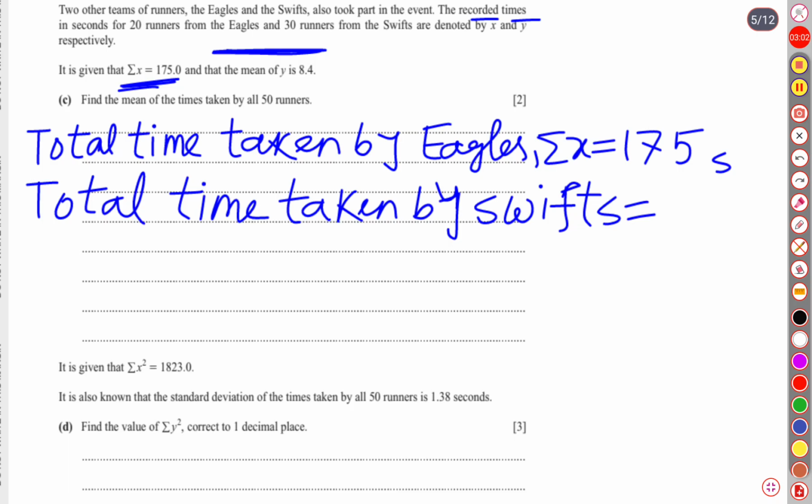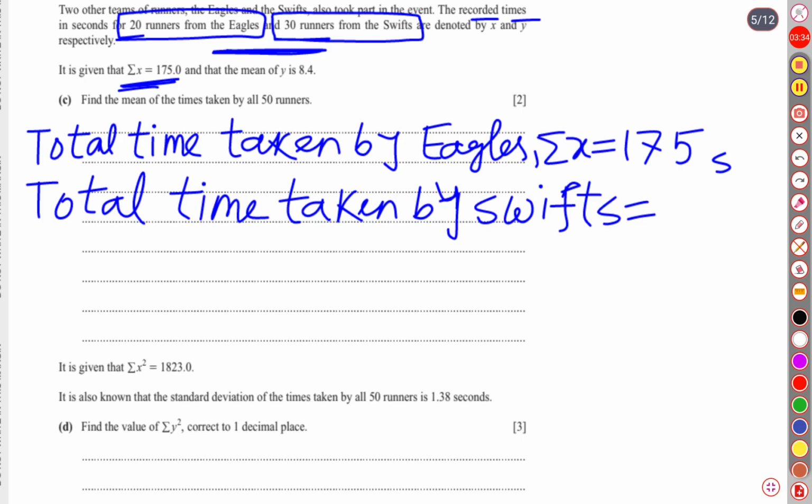To find the total time, we will have to multiply by 30, because there are 30 runners from the Swifts. The number of runners in Eagles was 20, and the number of runners in Swifts was 30.